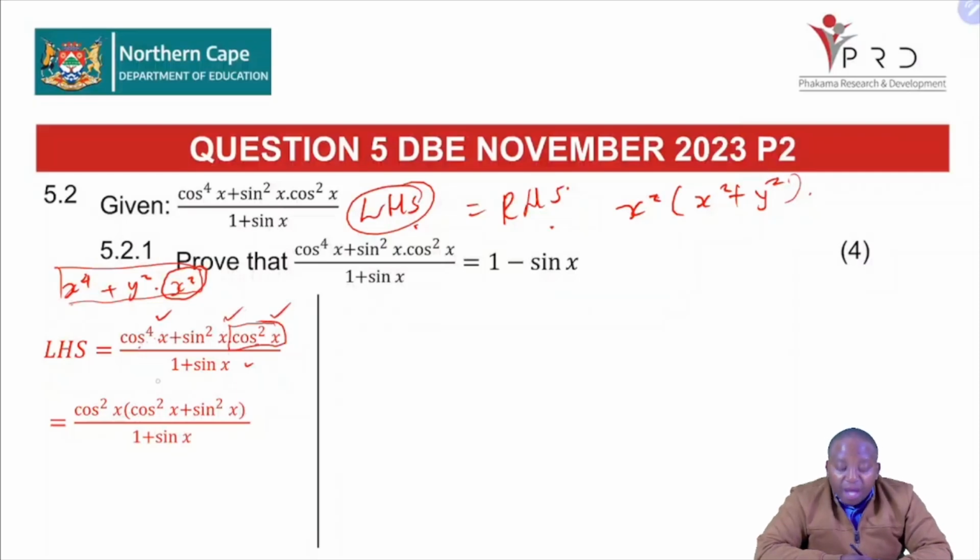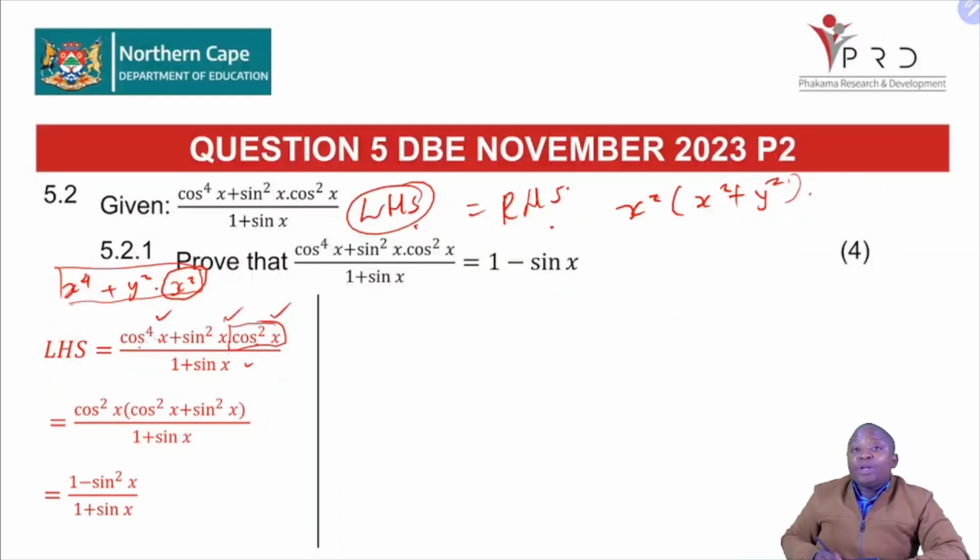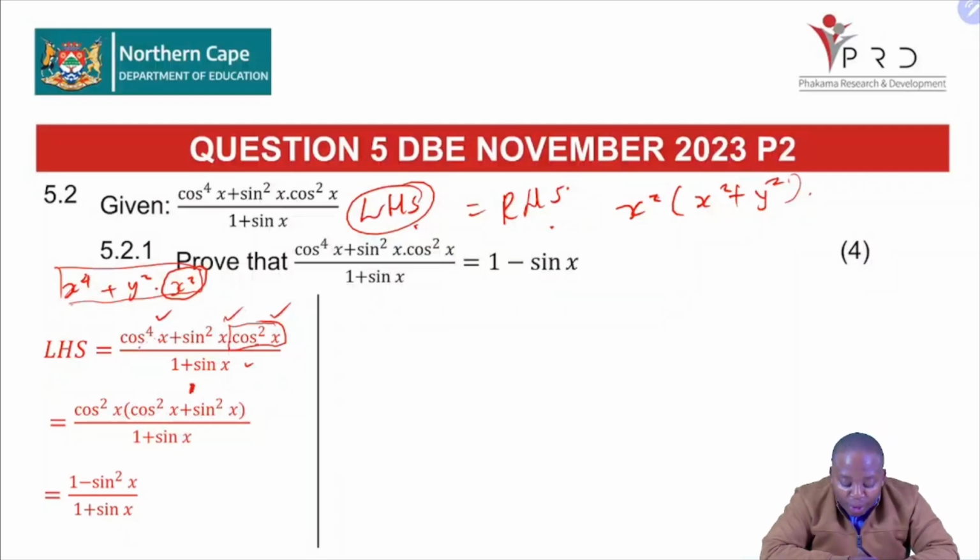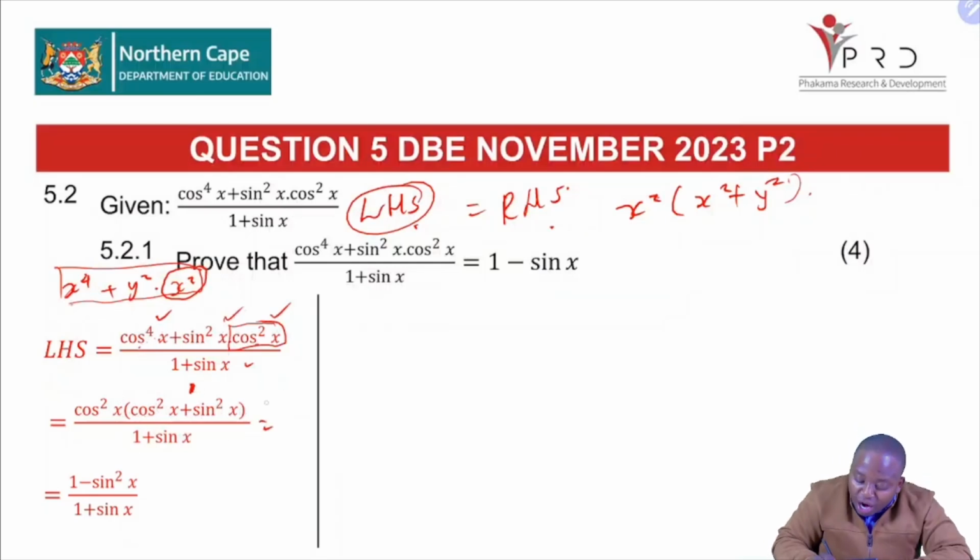Then from here, I can now apply my square identity. I remember that cos squared x plus sine squared x is actually just equal to 1. So what I am having on top, when I apply my square identity, is cos squared x into 1 all over 1 plus sine x.